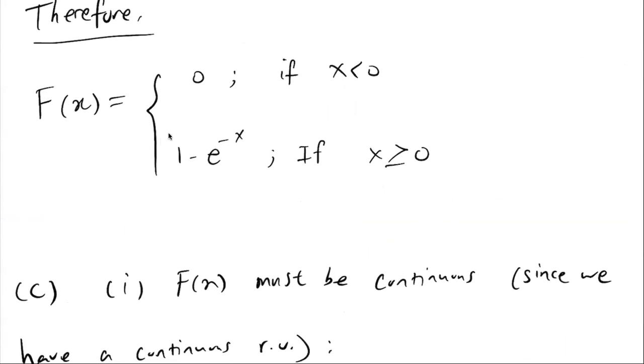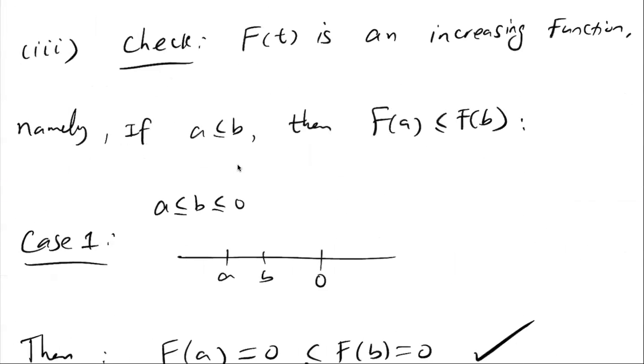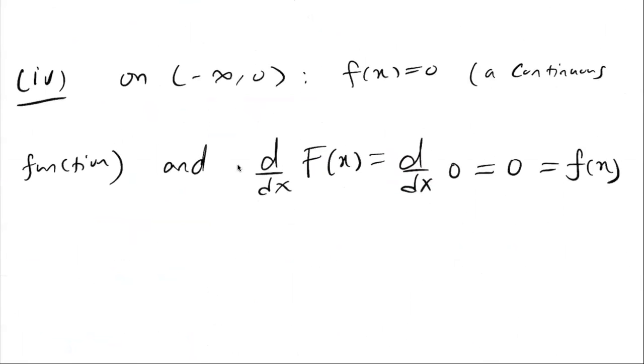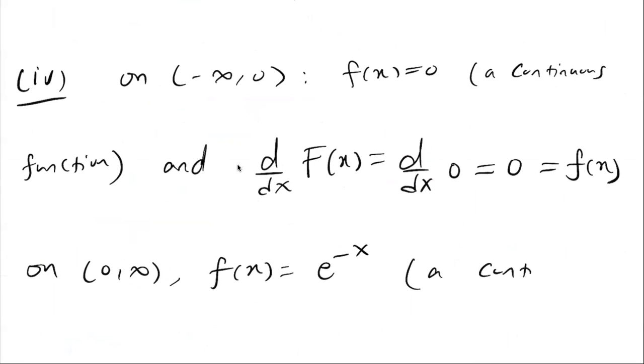For x bigger than 0, the formula for CDF is 1 minus e to power minus x. So for x less than 0, the formula for CDF is 0. d/dx of 0 is 0, which is same as small f. And on 0 to infinity, small f of x was e to power minus x. Again, a continuous function.